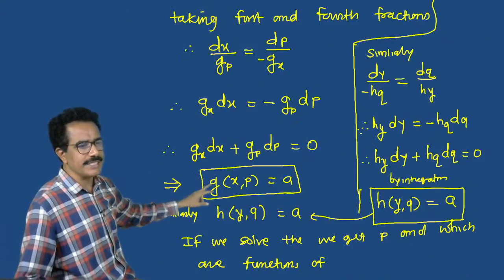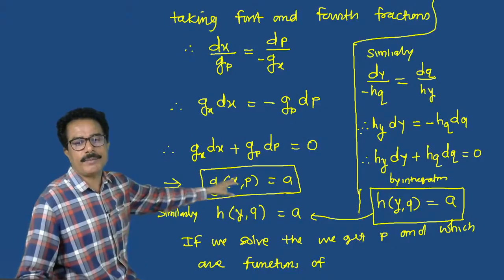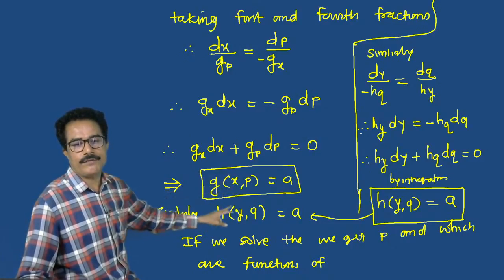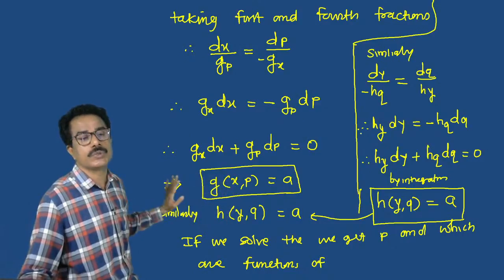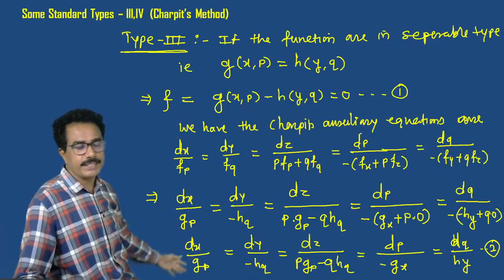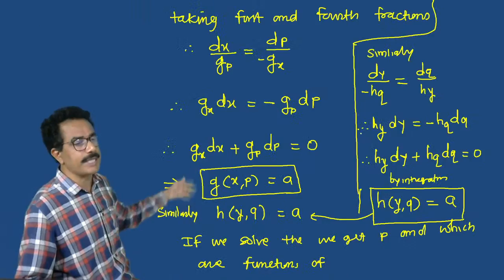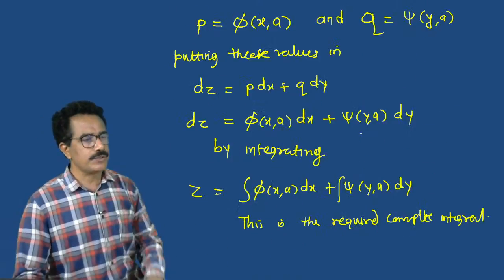We have to consider this method: g of x comma p is equal to a, h of y comma q is equal to a. According to Charpit's method, there is no need to write all these steps. You can take this directly.